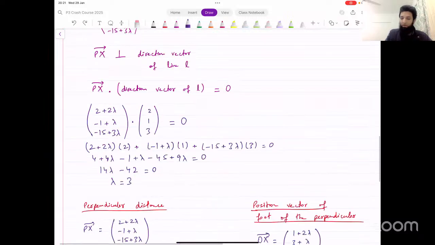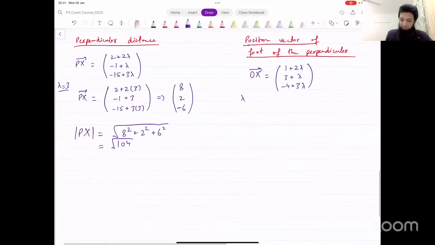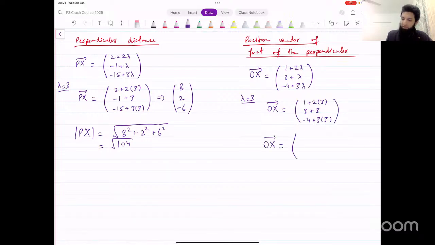Now you just input the value of lambda in this. Lambda equals 3. Let's put that. And that will give you OX equal to 1 plus 2 times 3, 3 plus 3, minus 4 plus 3 times 3. And you get the position vector of X, which is 7, 6, and 5. That is the position vector of the foot of the perpendicular.